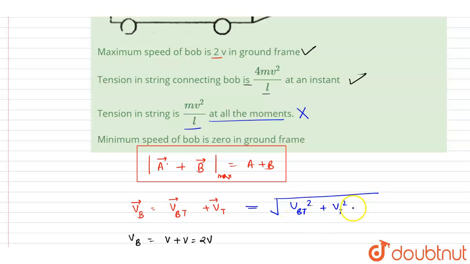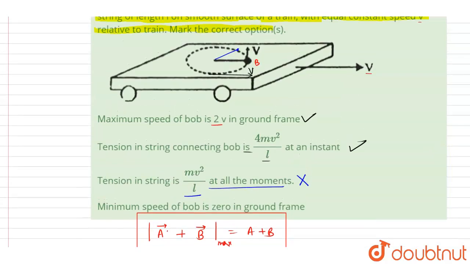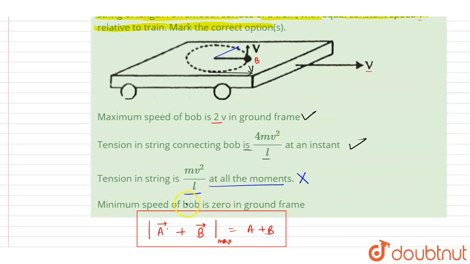Though the velocity of the bob with respect to the train and the velocity of the train are the same, the angle will be changing. The angle is between the velocity of the bob with respect to the train and the velocity of the train.